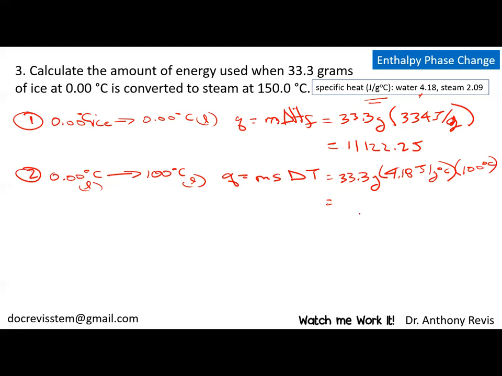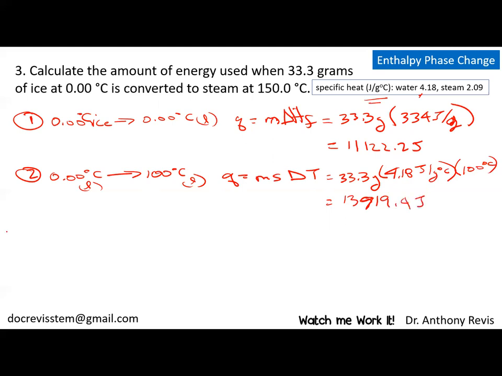And barring any obvious calculation errors here, delta T, that's T2 minus T1. I think you get that. So if you punch these numbers through, you're going to get 13919.4 joules.